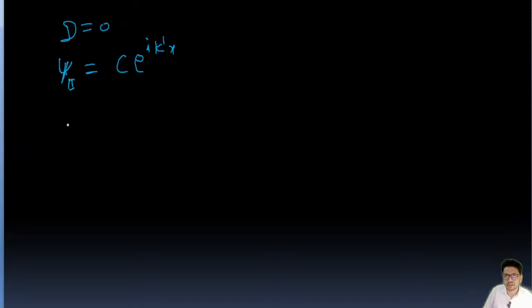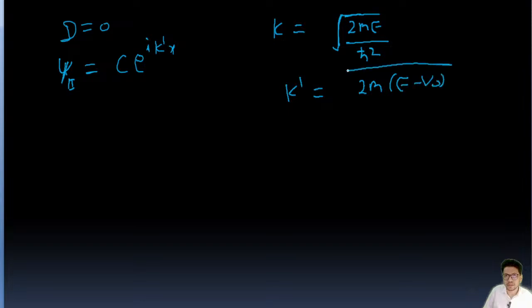And now k is root of 2mE upon h cut square, and k dash is root of 2m, E minus V naught, upon h cut square. Okay, this I have already explained in my previous lecture.